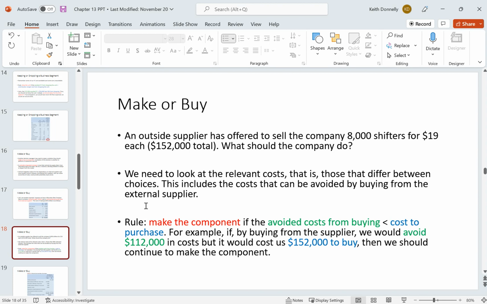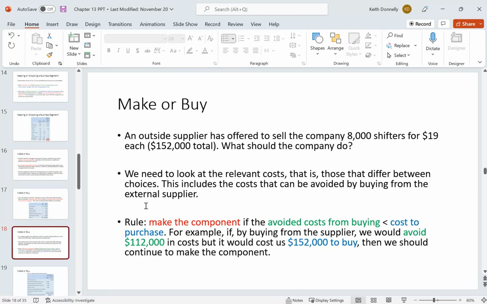All right, so let's give the rule for this one. The rule is you should make the component, so make the gear shifter, if the avoided costs from buying are less than the cost to purchase.